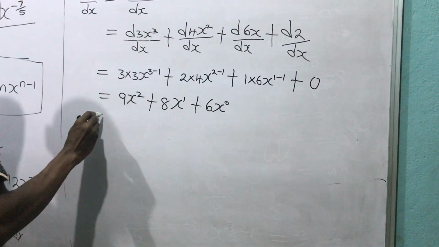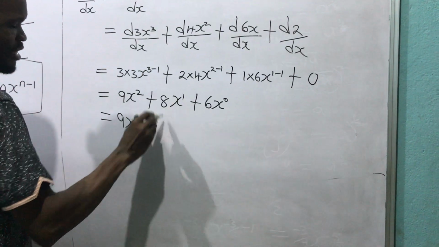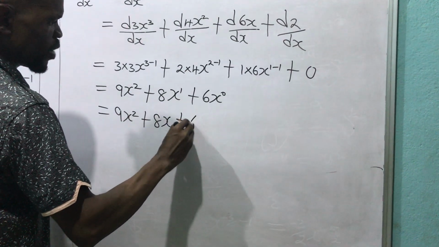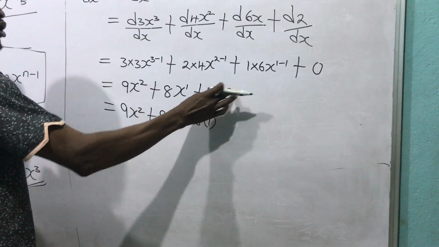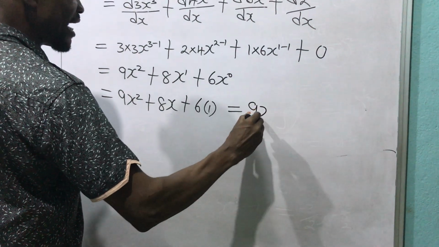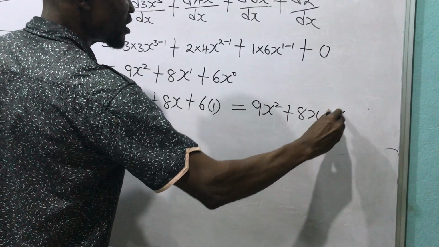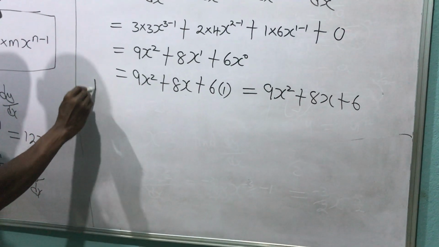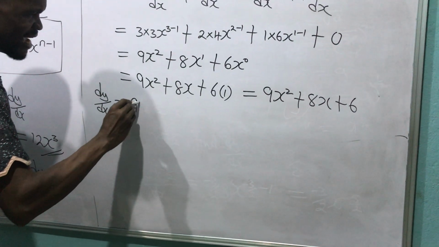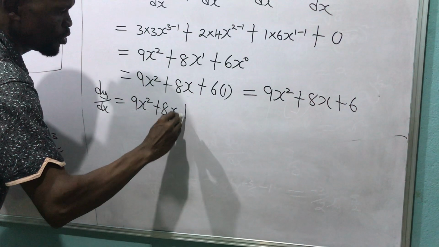Remember that x raised to the power 1 is x, and anything raised to the power 0 is 1. I will have 1 here, since x raised to the power 0 is 1. Therefore, my answer will be 9x raised to the power 2 plus 8x plus 6. That means that my dy/dx is equal to 9x squared plus 8x plus 6.